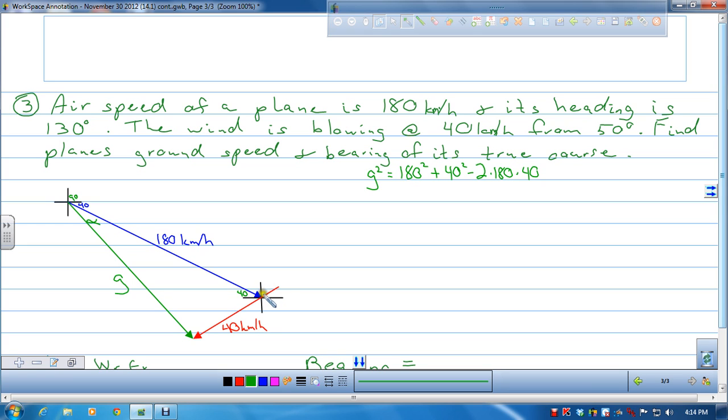Now I know that this was 50 over here, which made that 40, and vertical angles would make this 40 and this 50. I didn't need to know that 50, but remember vertical angles, these angles that are across from one another when two lines intersect, which makes this whole thing 80 degrees.